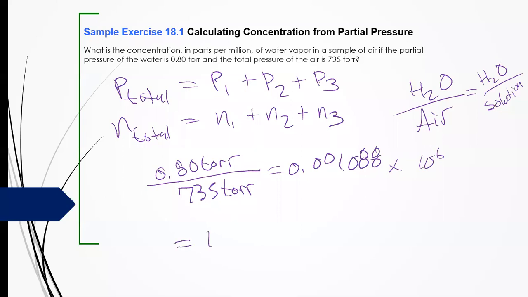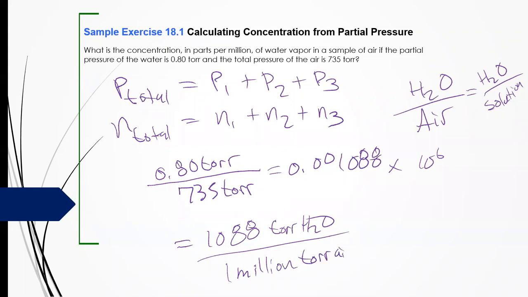And we'll get 1,088 torr of water to 1,000,000 torr of air, which is the same as our ppm.